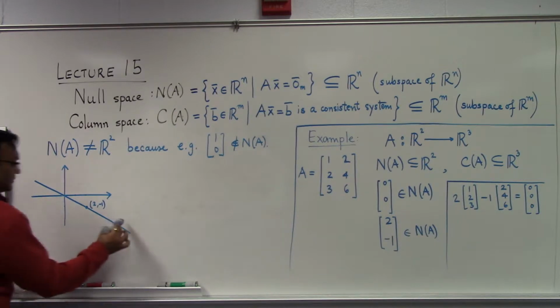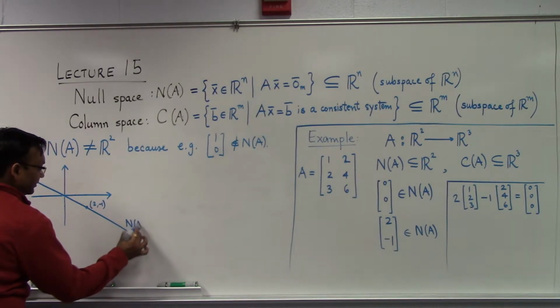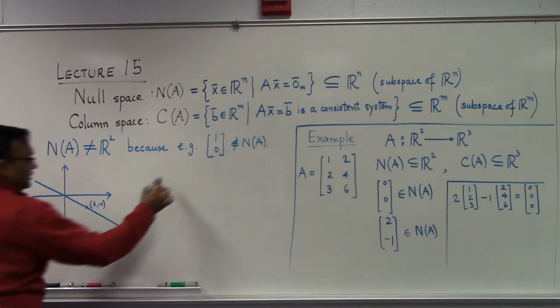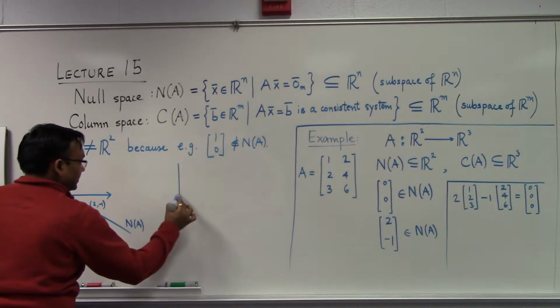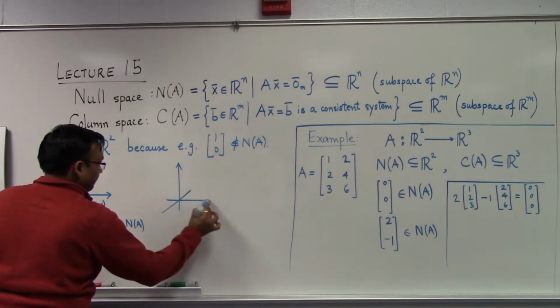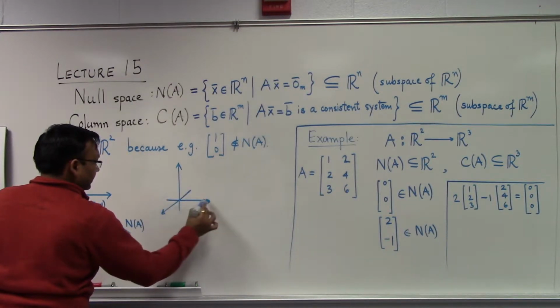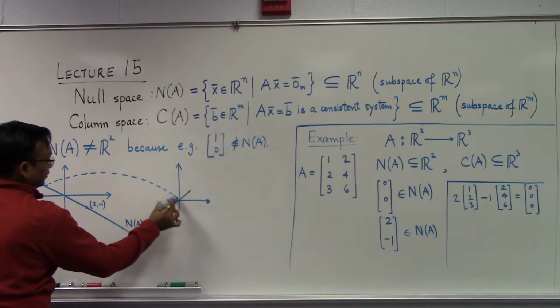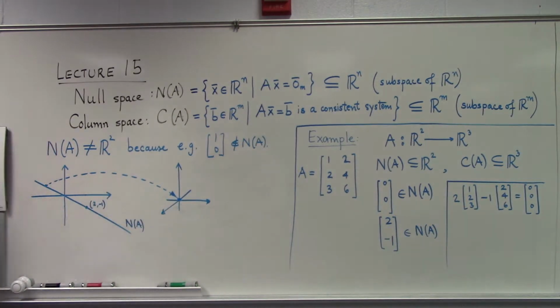So we claim that this is the null space of my matrix A. Anything which lives on this line gets mapped to the 0 vector. Okay. So everything which lies on this line is in the null space.